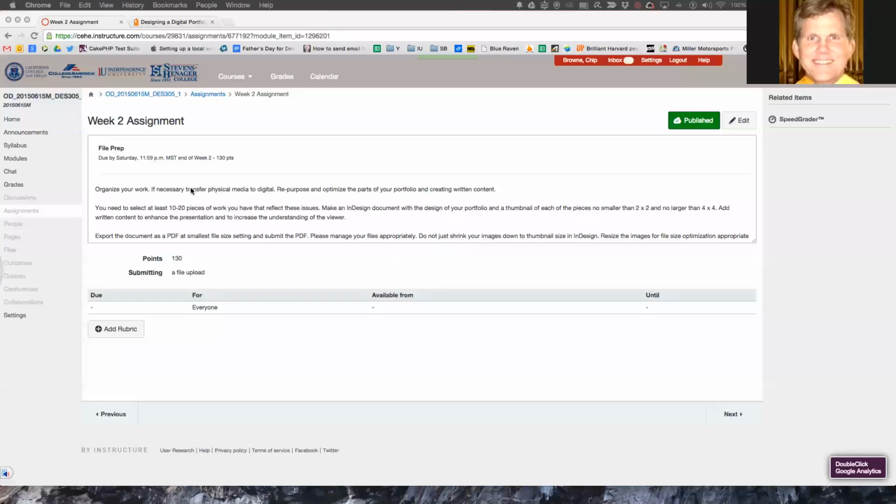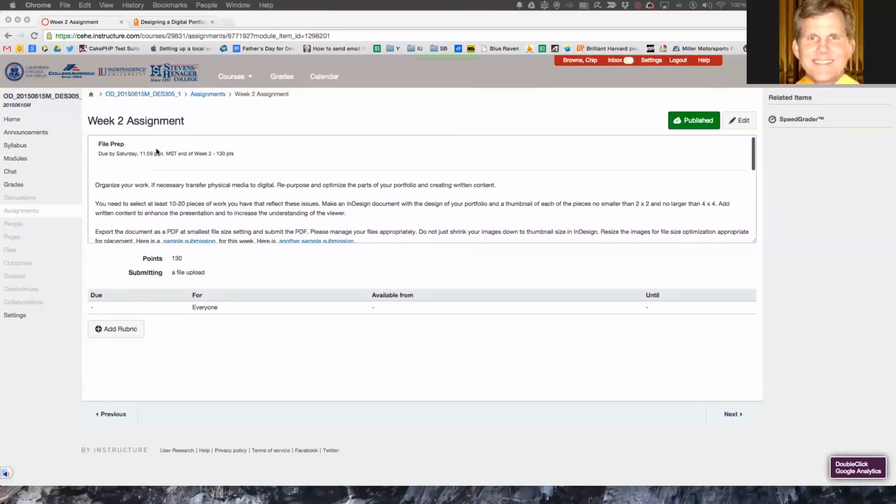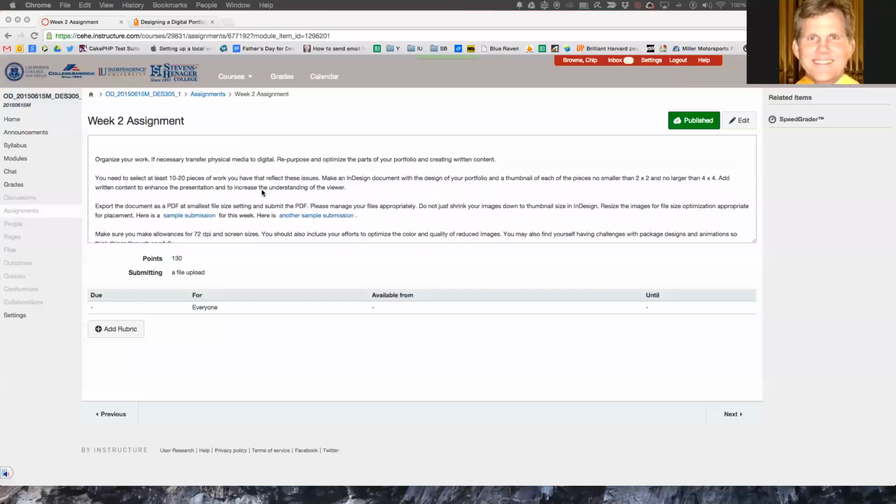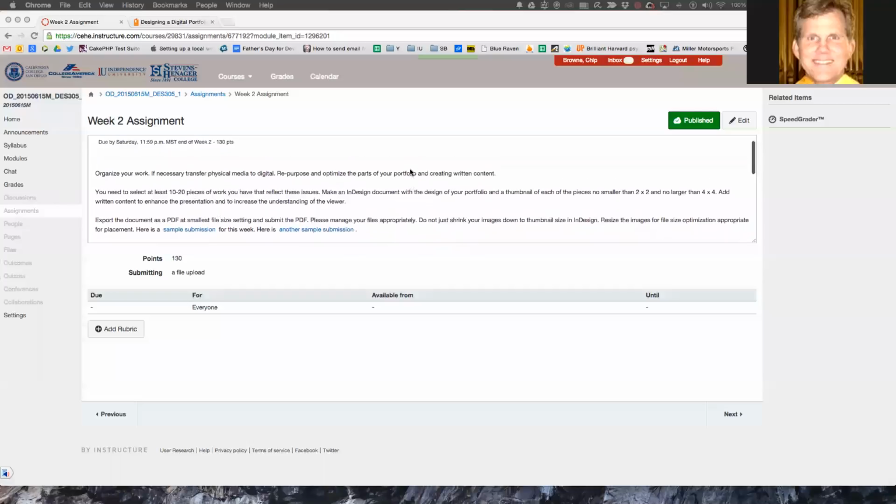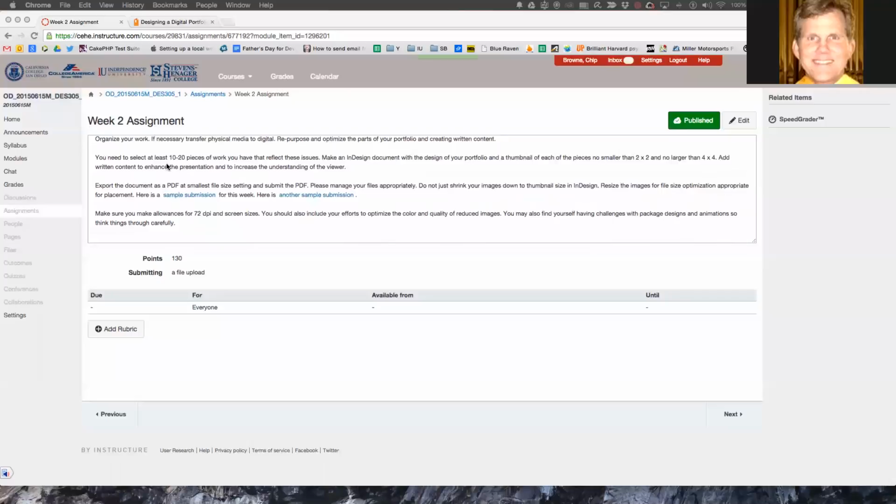So that is what will be involved in the assignment. I'll go more over that tomorrow night, and go into detail about how to accumulate between 10 and 20 or even up to 30.